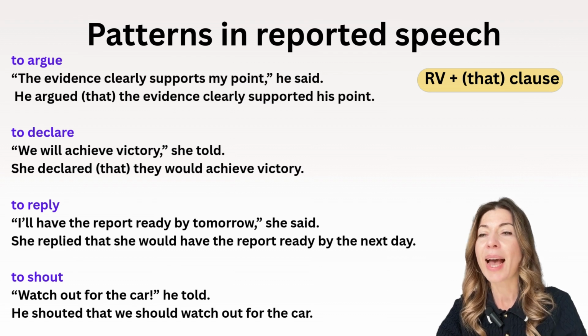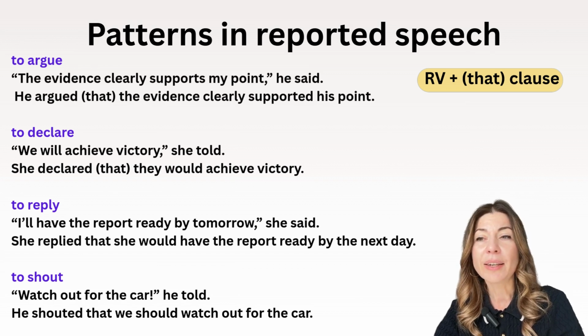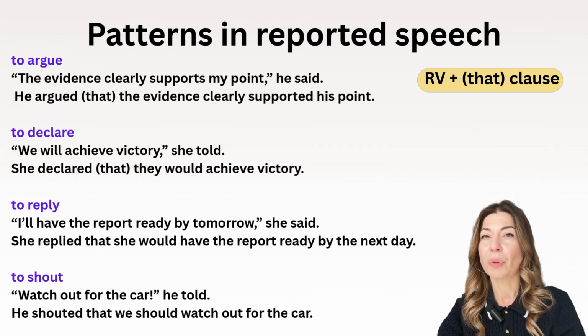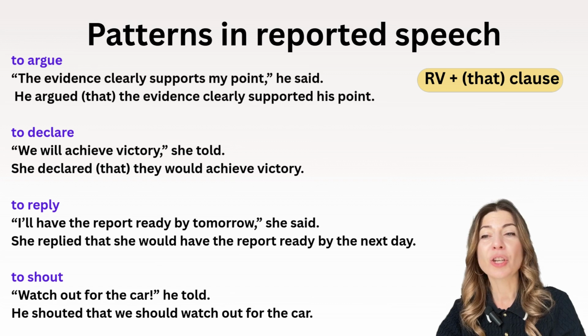To declare: We will achieve victory, she said. She declared that they would achieve victory, or you can omit that. To reply: I will have the report ready by tomorrow, she said. She replied that she would have the report ready by the next day.